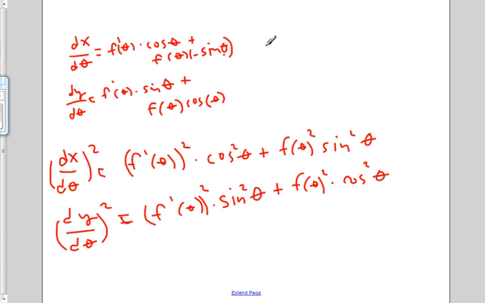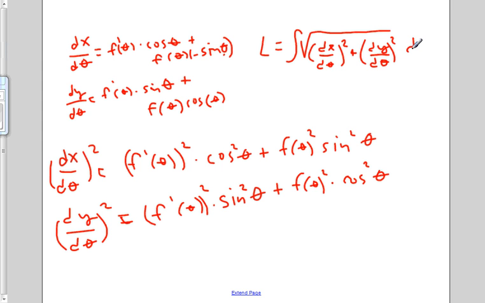So just going back, remember, arc length equals the sum of the square root of dx d theta squared plus dy d theta squared d theta.